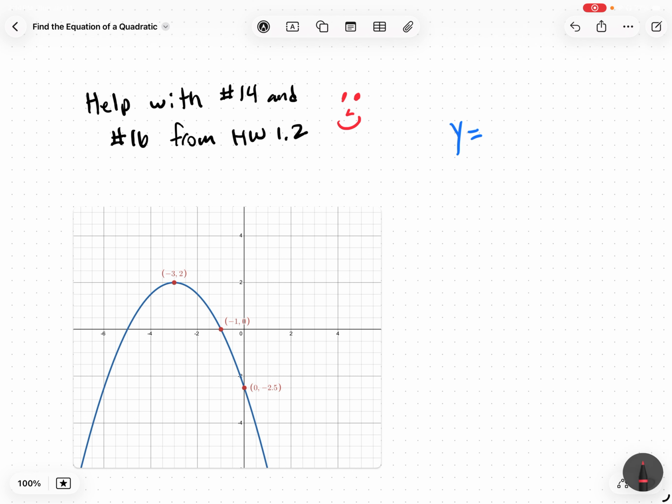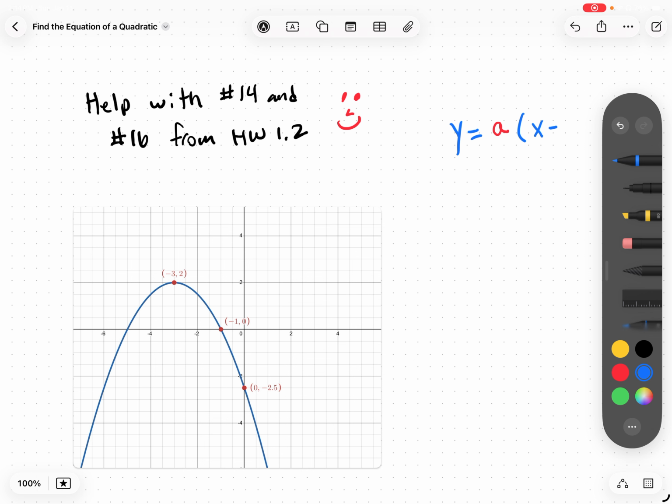And then inside the parentheses, it's always going to be x minus the x coordinate of the horizontal shift. I'm going to call that h. That's what we typically call that. So x minus h, and then that's squared.